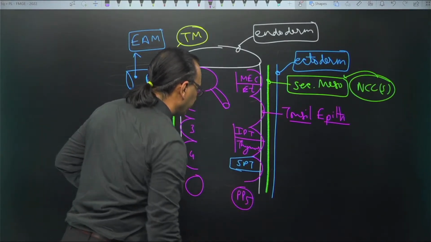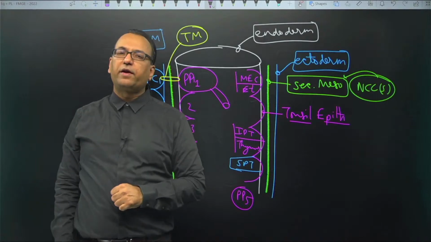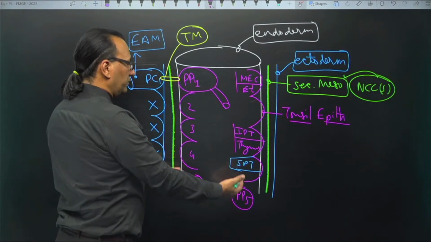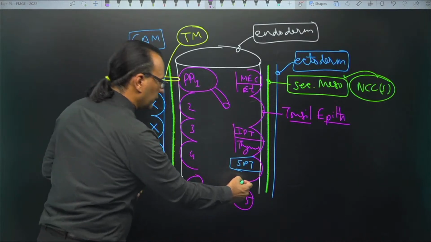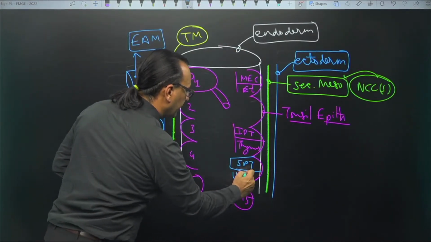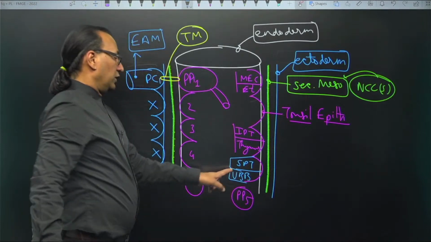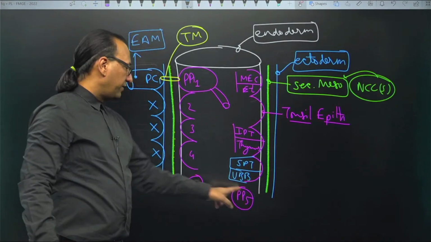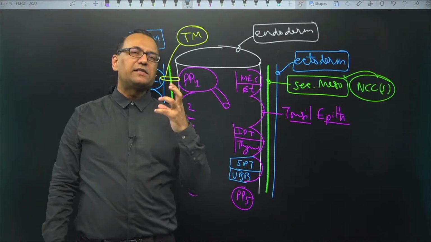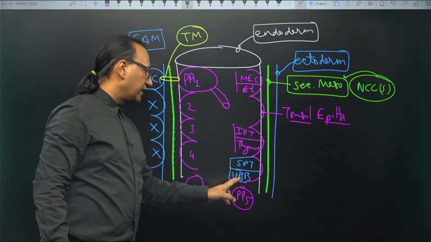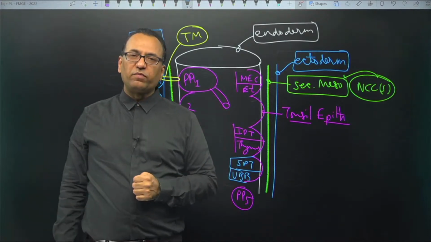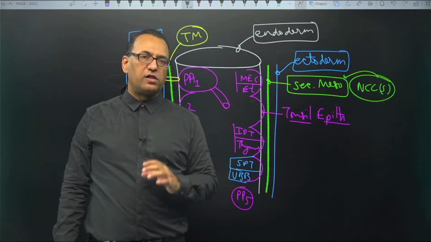When it was regressing, it was getting attached to pouch number 4, and there it was forming what is called the ultimobranchial body. I'll repeat again. There is a pharyngeal pouch number 5, but it is rudimentary, it regresses. But as it regresses, it gives us the ultimobranchial body, which attaches to the fourth pouch and will be receiving neural crest cells.